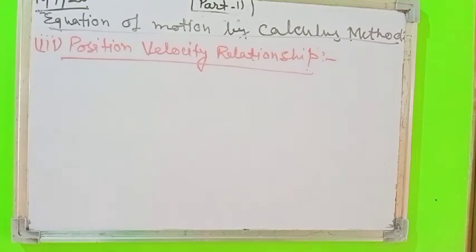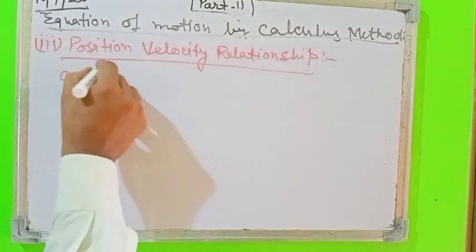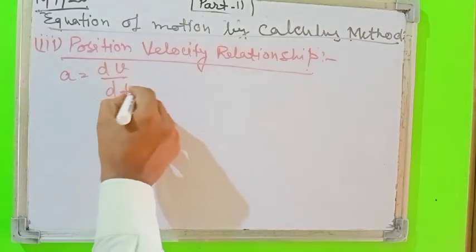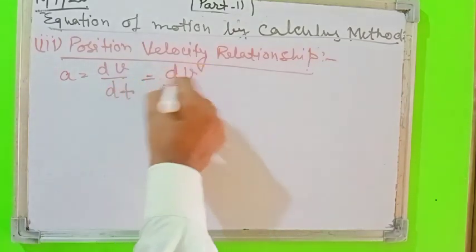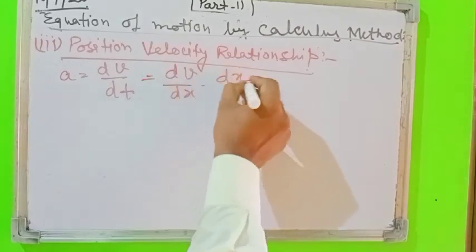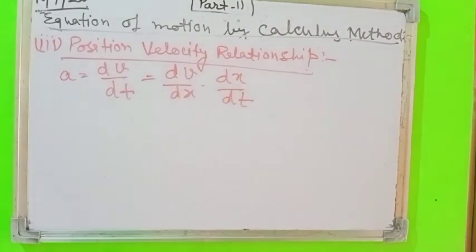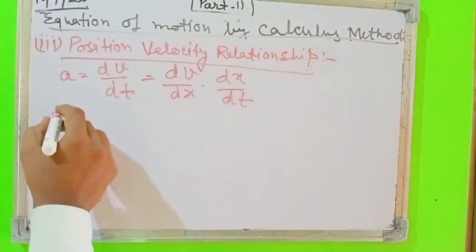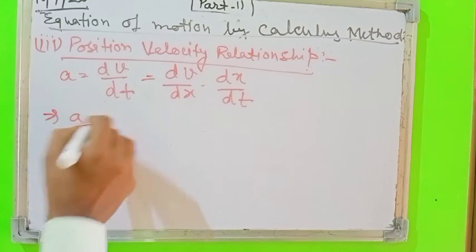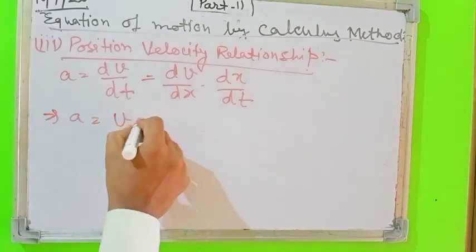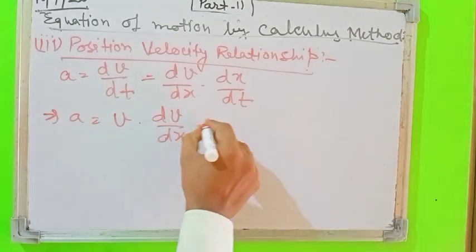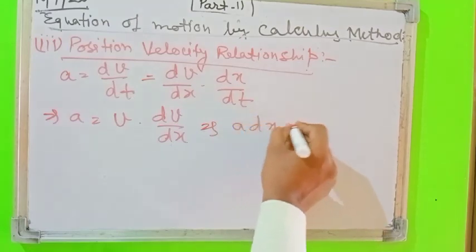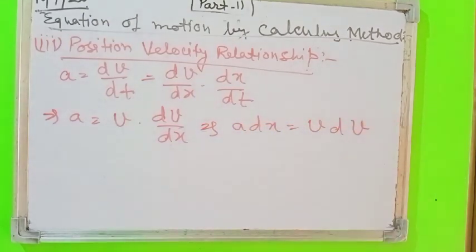For position velocity relationship, we have to take acceleration a is equal to dv upon dt, and dv upon dt can be written as dv upon dx into dx upon dt, or you can write it as a is equal to v into dv upon dx, and from here you can write it as a dx is equal to v into dv.